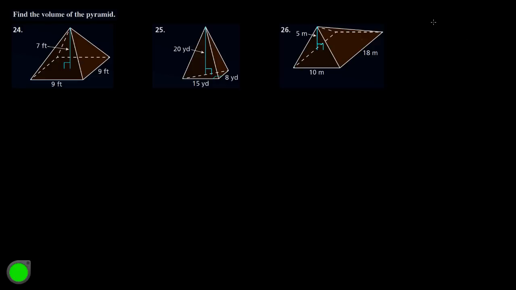So the volume of a cone, or sorry, pyramid and cone, they're very similar, is 1/3 times the area of the base. So the area of the base in this case would be this rectangle multiplied by the height of the pyramid, which is perpendicular to the base and passes through the vertex, right?